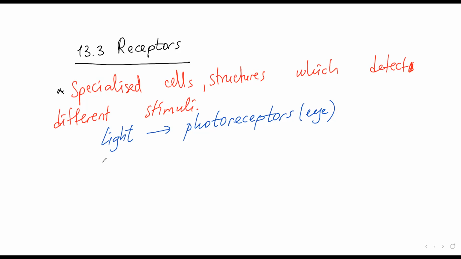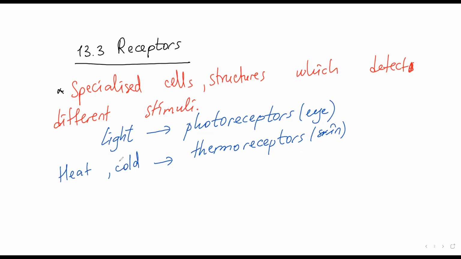Another example, we have special receptors which we call thermoreceptors. Thermoreceptors we mostly find on the skin. These receptors are sensitive to heat and cold, so they can detect temperature differences, which is also important for us, because temperature affects the enzymes, and you need to keep this temperature, and it can destroy the cells also.